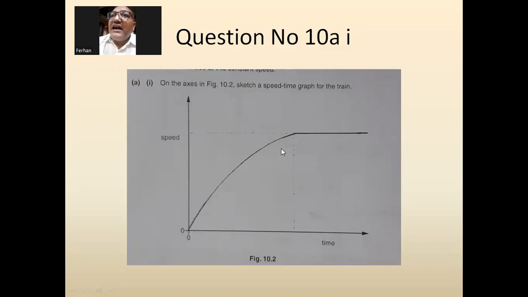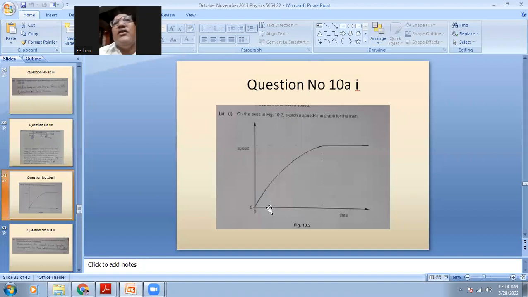Find this area until the graph is a decreasing curve. So find the area under the speed time graph up to the point when it's a decreasing curve. Add this sentence in the answer. Okay, I hope you understand.